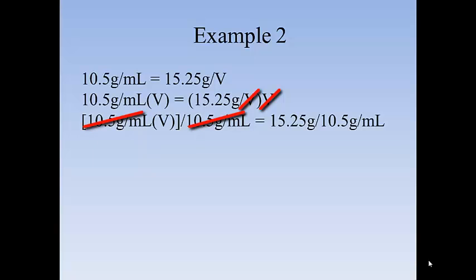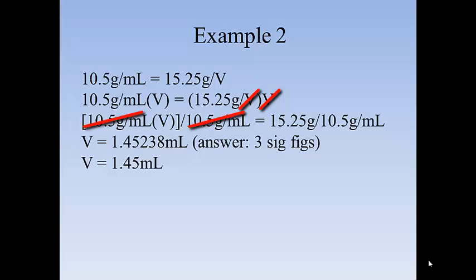That will cancel out the 10.5 grams per milliliter on the left-hand side of the equation. Now you have volume equals 1.45238 milliliters. But the answer should have 3 significant figures. You should be able to figure out why that is on your own. So the final answer is 1.45 milliliters.